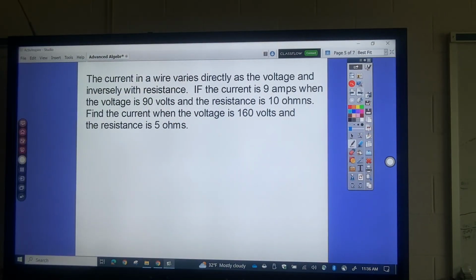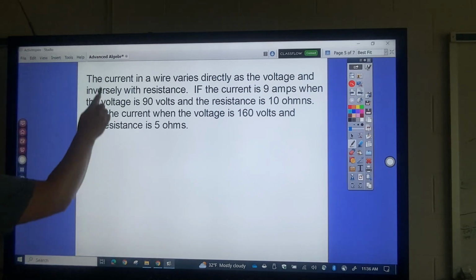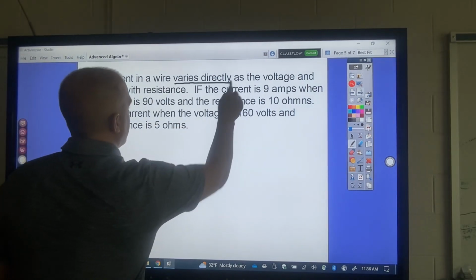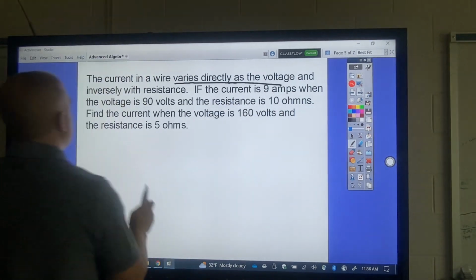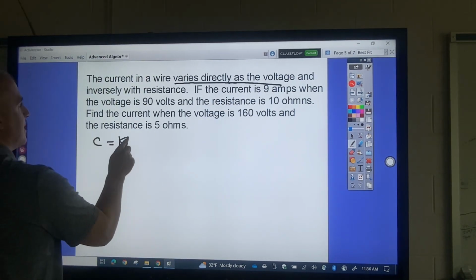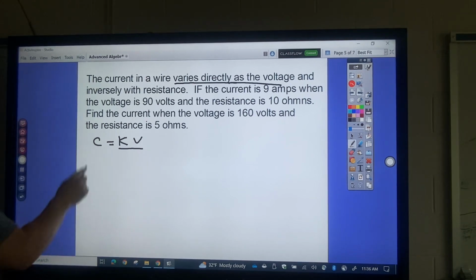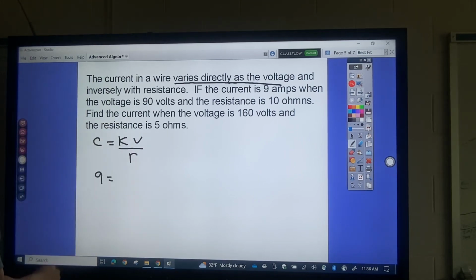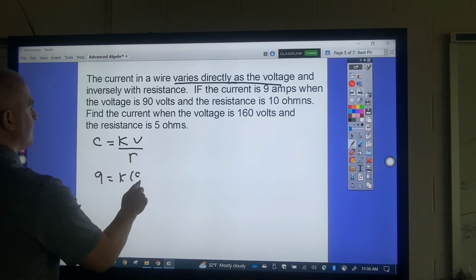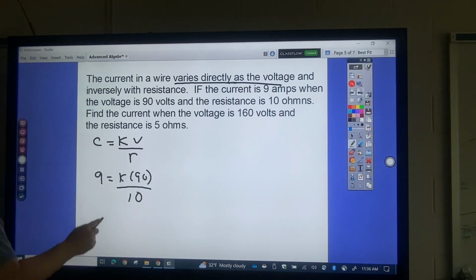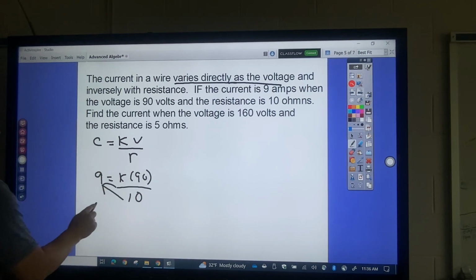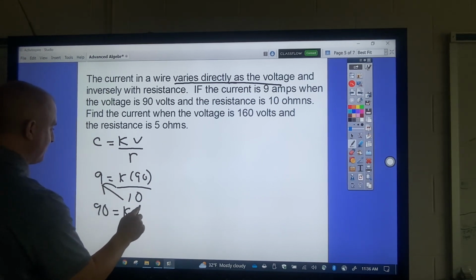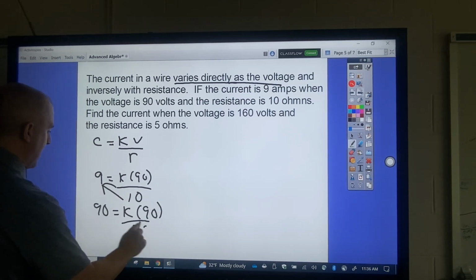Now, the current of a wire varies directly as the voltage and inversely with the resistance. So I've got two things going on. Varies directly with voltage, so the current is kV over, inversely with the resistance, which will be R. If the current is 9 amps when the voltage is 90 and the resistance is 10, I cross multiply that up. That's 90 equals k times 90, divide by 90.